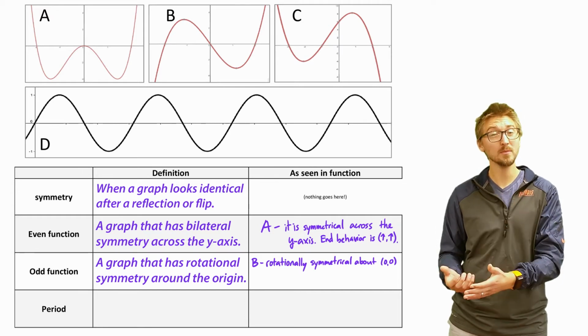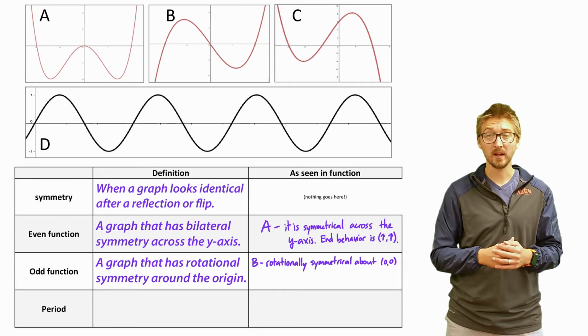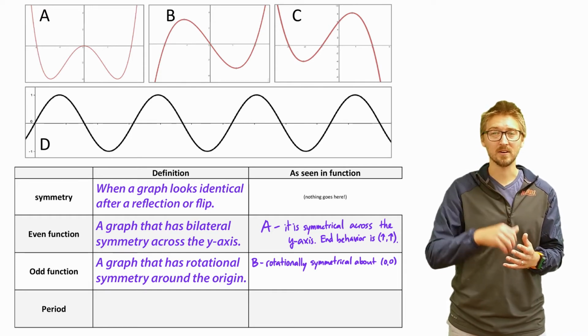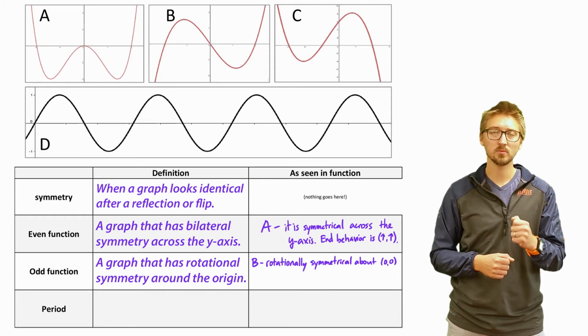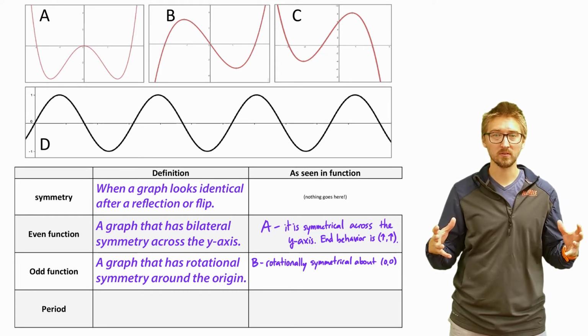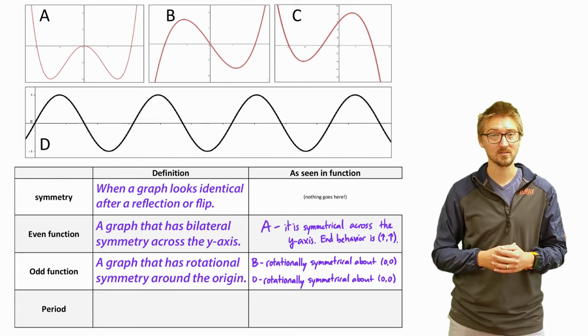Okay? If you were able to take that rotation point and move it to the point of inflection on that curve, then it might be seeming like an odd function, but we have to use that rotation point when it's stuck on the origin. Now D, I know we can't see the full graph of D because it continues forever, but D is considered odd in this case.